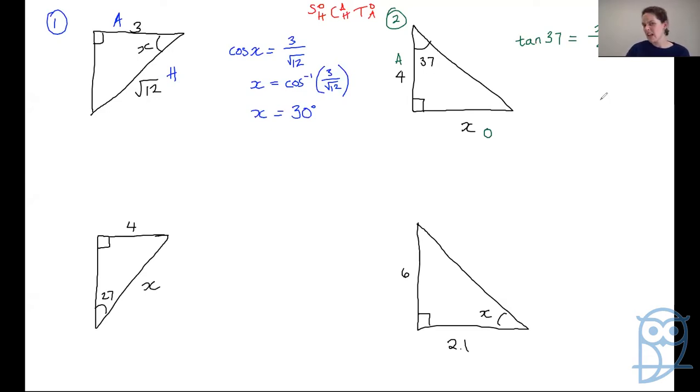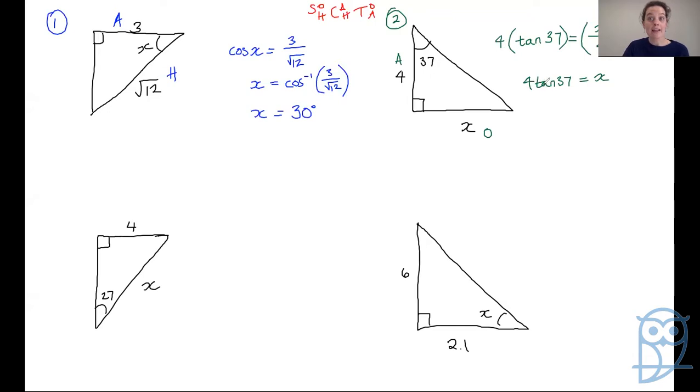Okay, but it's going to be a bit of an ugly number. So we'll leave it till the very end to evaluate. So what we're going to do is clear this fraction by multiplying. Multiply both sides by 4 to get rid of him. So x equals 4 tan 37.